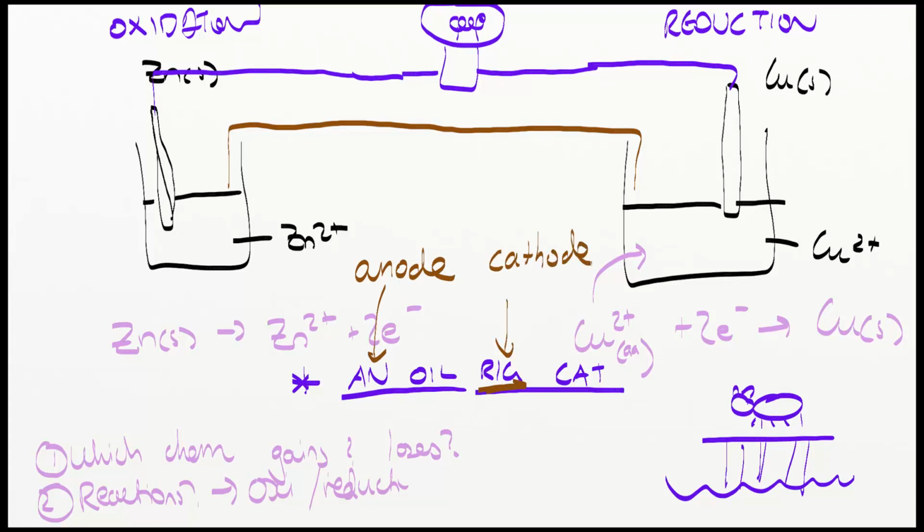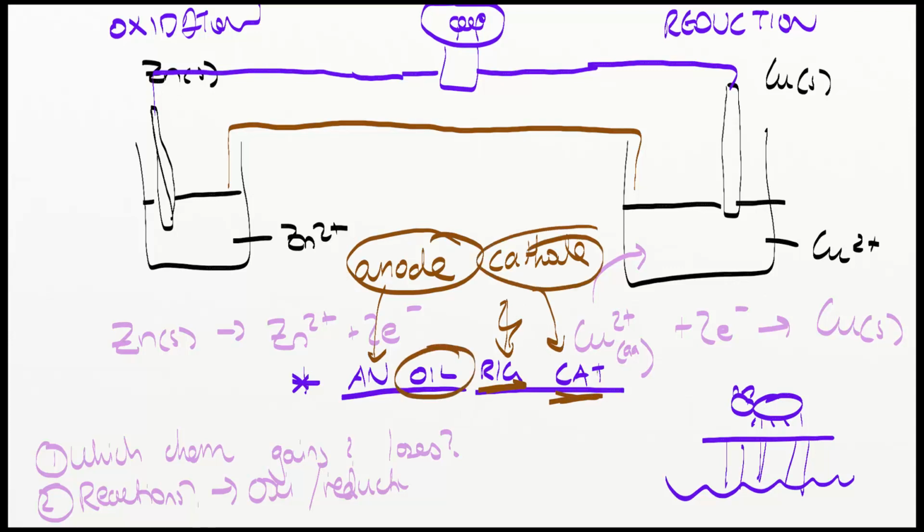So the point is that the anode is where oxidation occurs and the cathode is where reduction occurs. When we come back to this situation, we see that oxidation occurs at the zinc electrode.